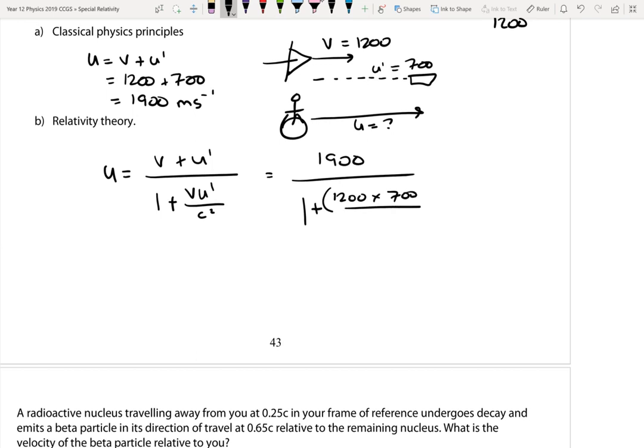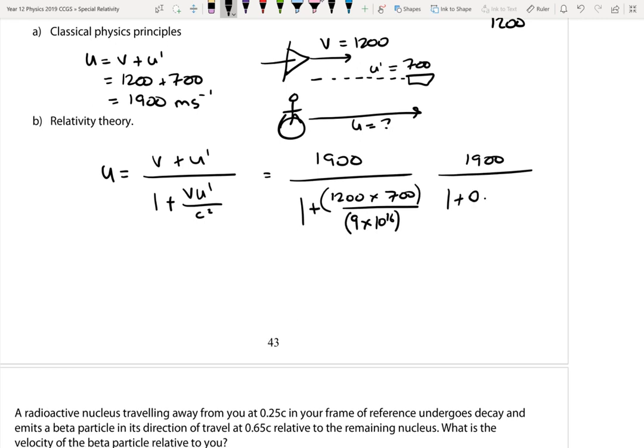Now, c squared, lucky for us, is 9 by 10 to the 16. You can just multiply both. And I did the maths, guys, and it's 11 zeros. So 0.00000, oh, hang on. 1, 2, 3, 4, 5, 6, 7, 8, 9, 10, 11, something.